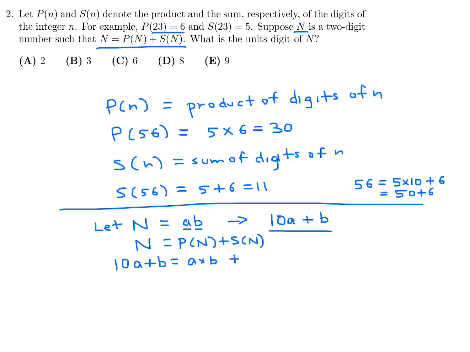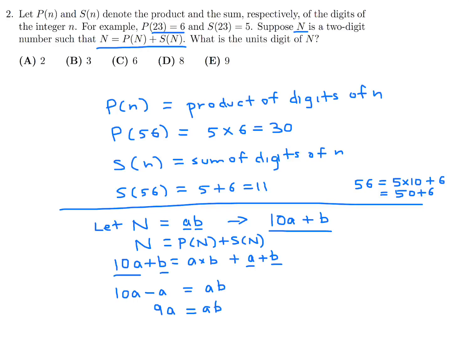And the digits are a and b, so it would be a plus b. All right? So I think we can bring some things over. The a can be brought over here, so we have 10a minus a. And the b's cancel. We have b's on both sides, so I subtract them from both sides, and they go away. So this becomes 9a is a times b.